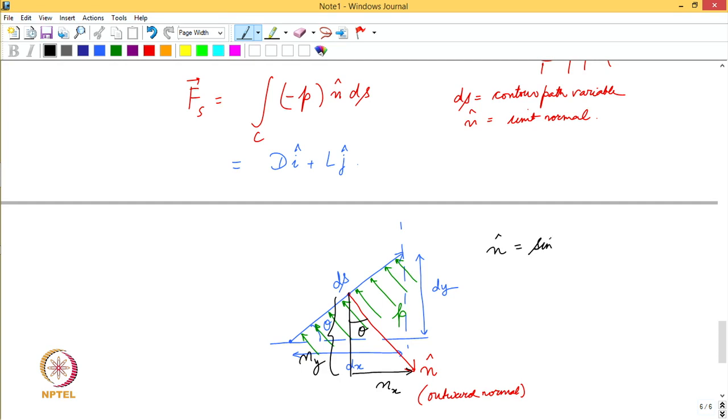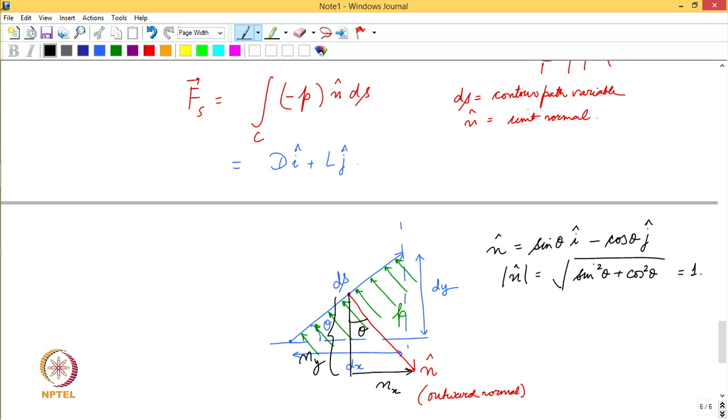So, we will have sin theta I cap as the x component, and the y component will be cosine theta j cap. More importantly, if I take the magnitude of n cap, you can see it would be square root of sin squared theta plus cosine squared theta, which is 1. So, it is a unit normal. Okay.